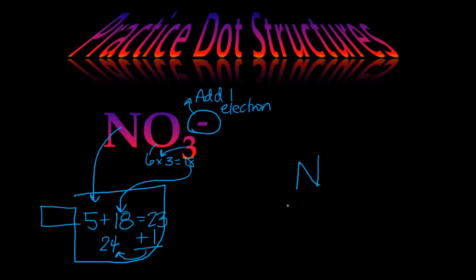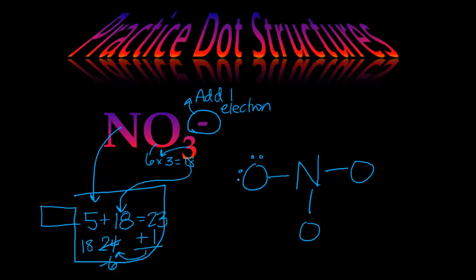So now I start adding N, attach an O, attach an O, attach an O. 2, 4, 6. So I'm going to subtract out 6, leaving me 18 electrons left in my pot.